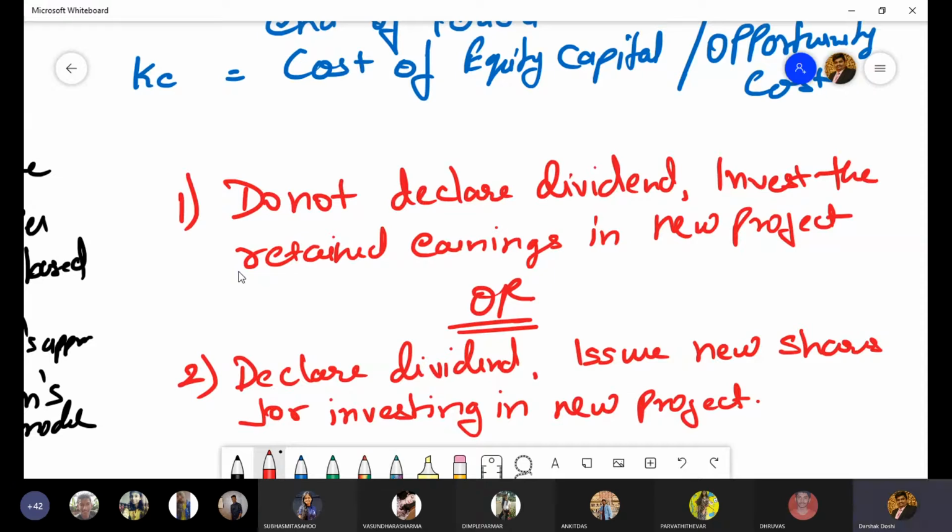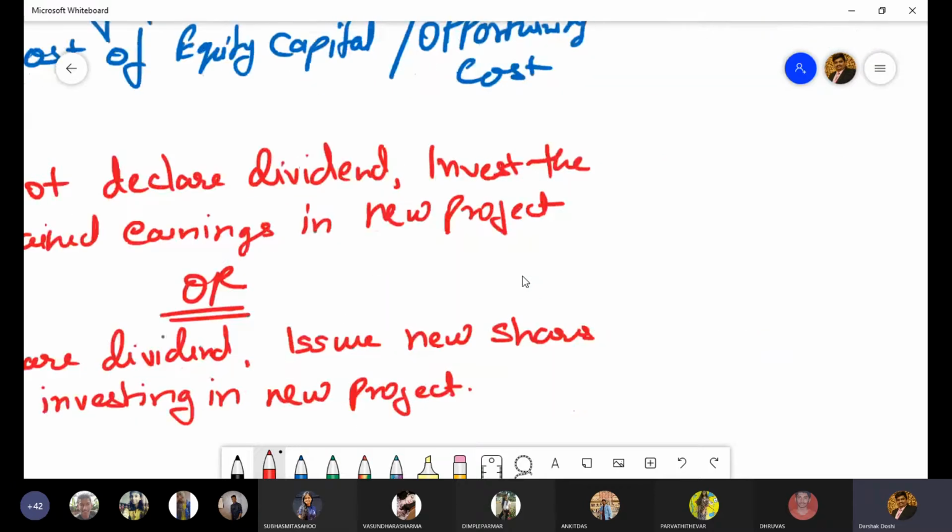So the company should not think in between these two, whether I should not declare dividend and invest retained earnings, or whether I declare dividend and issue new shares. Whatever may be the case, the wealth of shareholders remains the same. So whichever option a company chooses, the wealth for shareholders will remain the same. Is this clear?